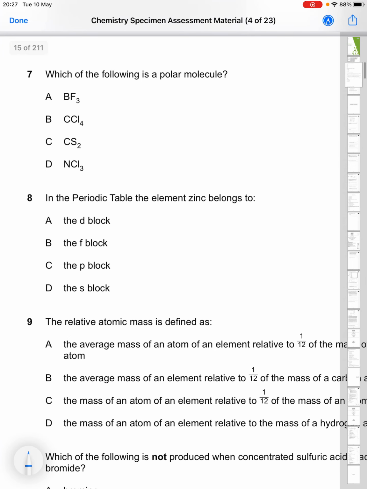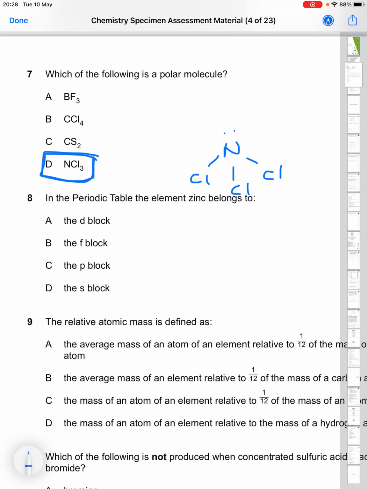There we go. So my eye is immediately drawn to this one, the NCl3, because my suspicion is that that looks a bit like ammonia. And ammonia, as you know, has the lone pair and then 3 hydrogens. In this case, it's 3 chlorines. So I'm going to stake my reputation here and say that it's NCl3.